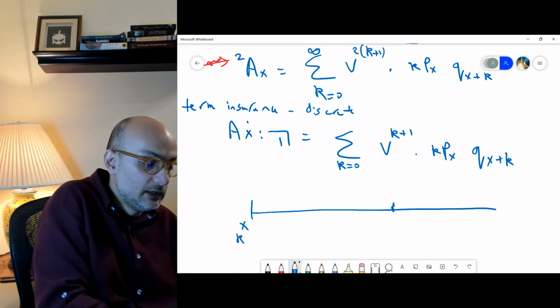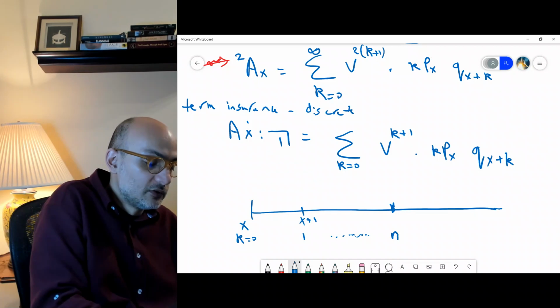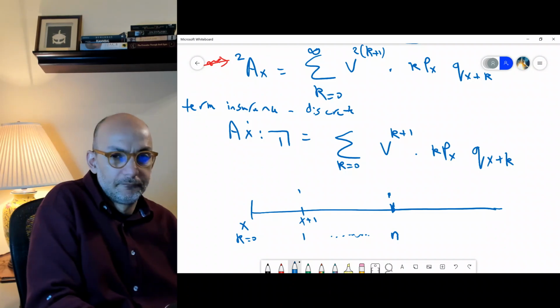So k equals 0 here, then x plus 1, so k will be 1, and up to n here. So a dollar is paid at the end: if death occurs here, a dollar is paid here.